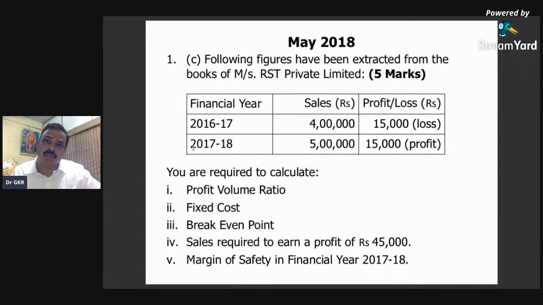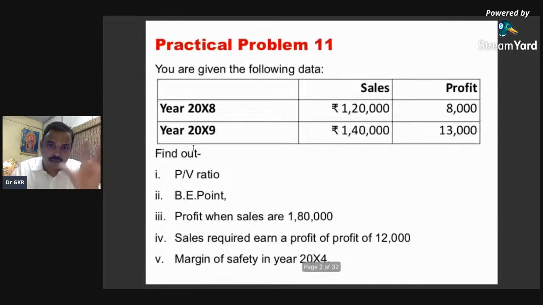And that is why I was very particular that the practical problems given at the end of your study material have to be solved fully and thoroughly, line by line, word by word, every problem. Exactly the same model. So I'll try to do both of these.